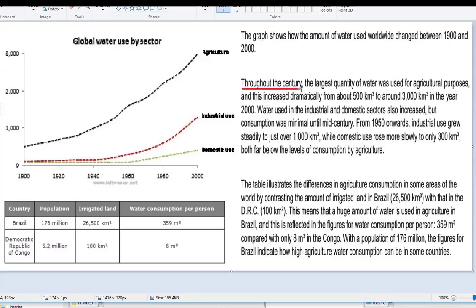Okay, so throughout the century, that's good. Here we have also, but from 1950 onwards. Contrasting. This means there's some referencing going on, and this is reflected. Okay, so very easy to understand.